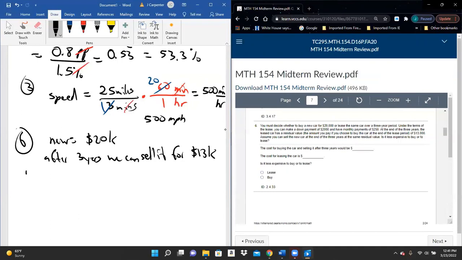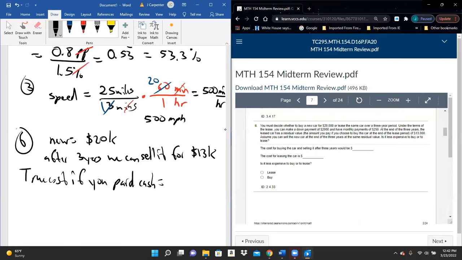So the true cost, if you paid cash, is going to be what you paid up front minus what you got back, because after 3 years, now you have $13,000 back in your pocket. So you didn't pay that full 20 grand for the car. Now you had other things like insurance, gas, repairs, etc., all that to consider.